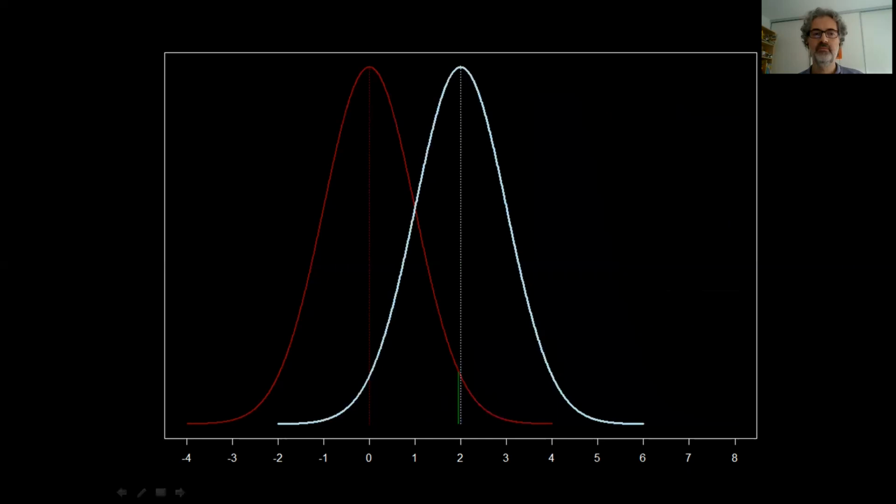What if we have an actual sampling distribution at 2 standard errors away from the mean? So there's an effect in the population, but the mean of this sampling distribution, the mean in the population, is just 2 standard errors away. Well, the criterion is still here.